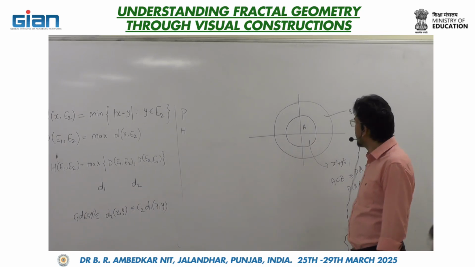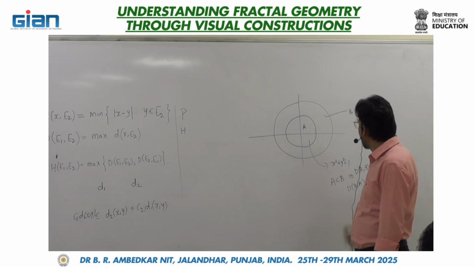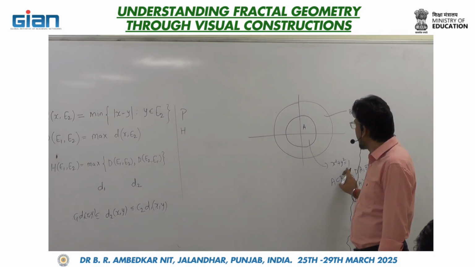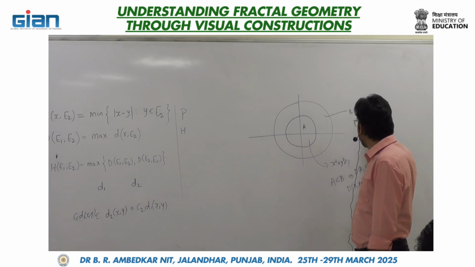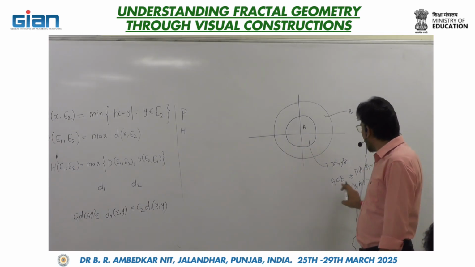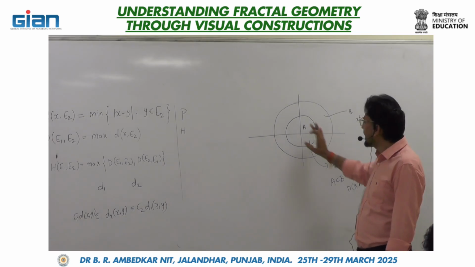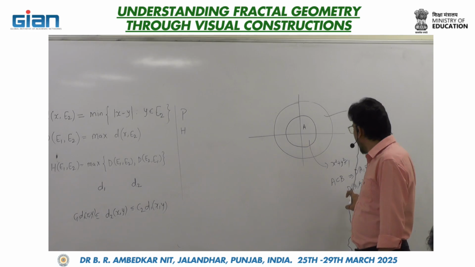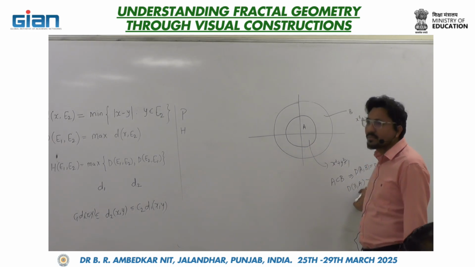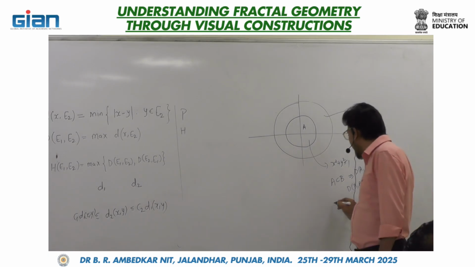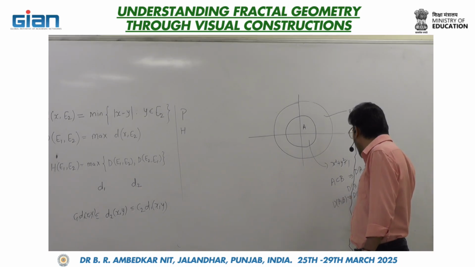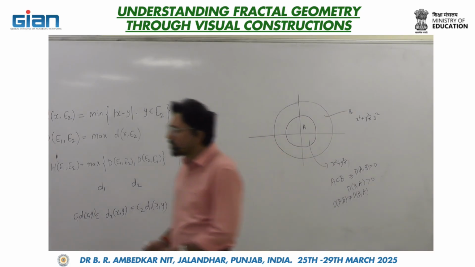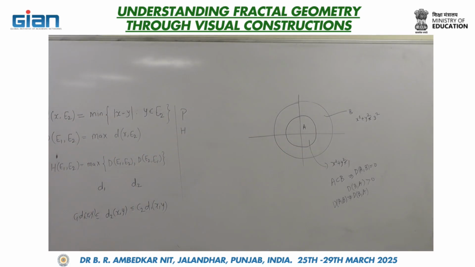Here x square plus y square equal to 1 is just the boundary of the circle. So D of AB will be 0, since A is a subset of B here, but D of BA will be some number greater than 0. So that means D of AB is not equal to D of BA.